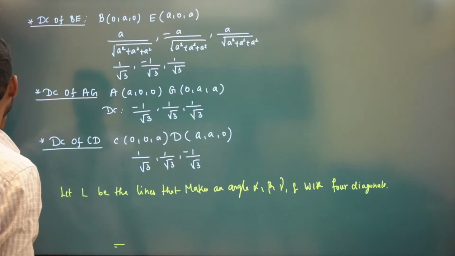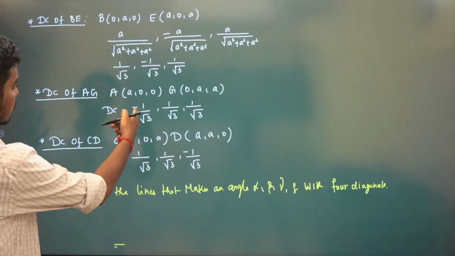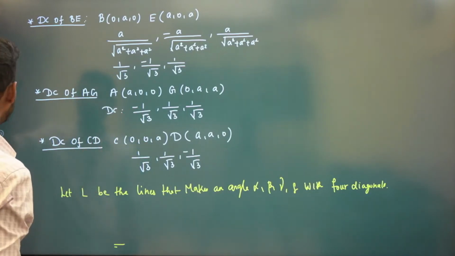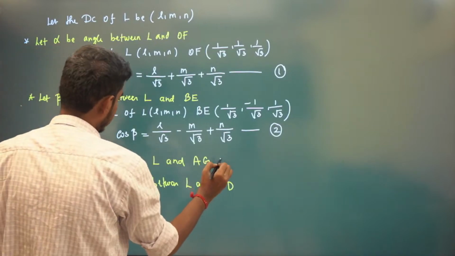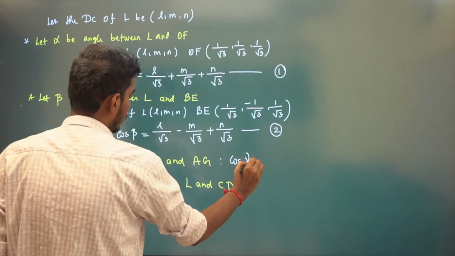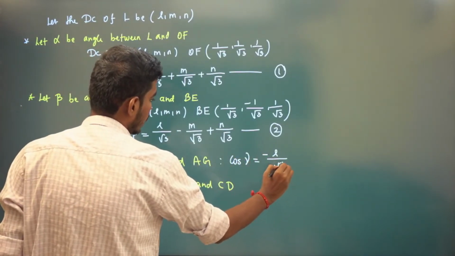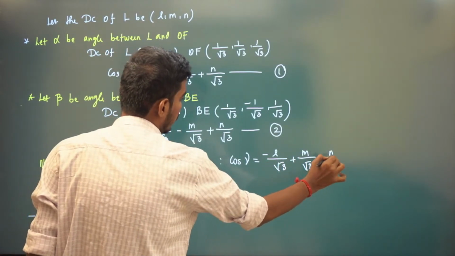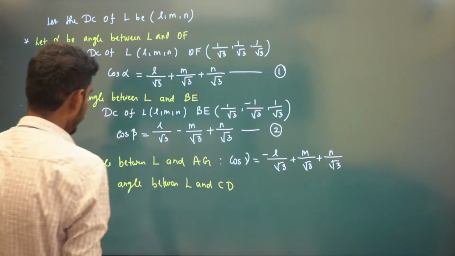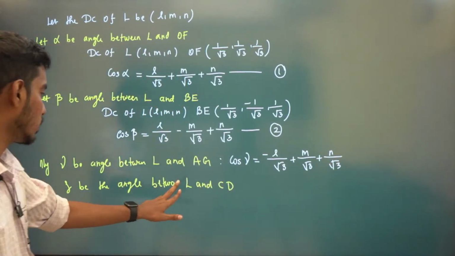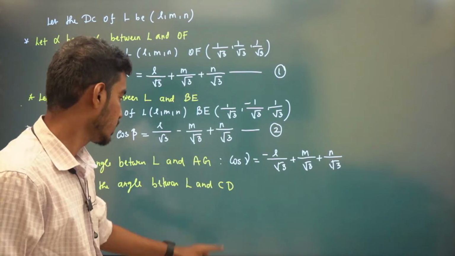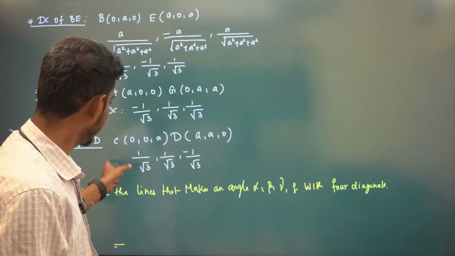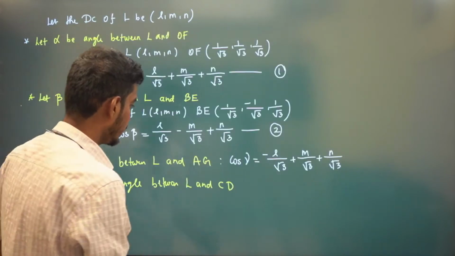So we have this, minus 1 by root 3. So L into this will be minus L by root 3. So cos gamma will be minus L by root 3 plus M by root 3 plus N by root 3. And similarly, you find the angle between these two. The DC of CD is this, so that is L, M, N. So multiply here, and you will have minus N by root 3.